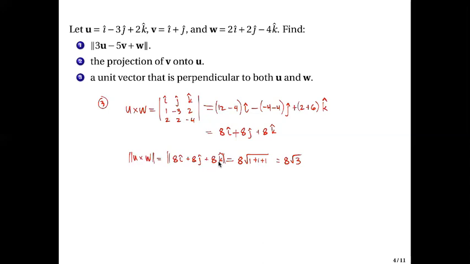And therefore, the desired unit vector will be u cross w divided by the magnitude of u cross w.